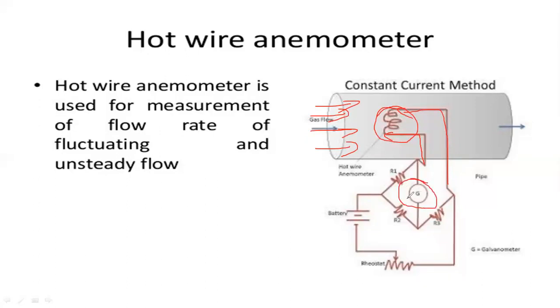For example, if the temperature decreases by 40%, that 40% decrease is measured by the galvanometer, and based on the galvanometer, the gas flow rate is calculated. Okay, so that is the overall working procedure of the hot wire anemometer.